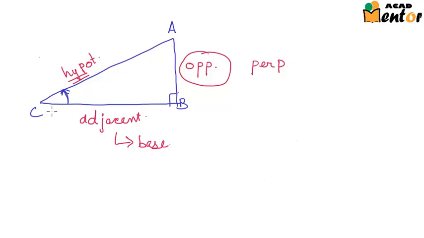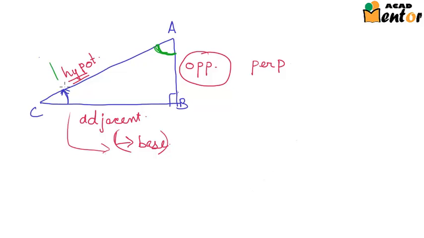You can see that this line forms the base for angle C. Hence it can be easily remembered that the base is always a part of the angle while the opposite side is the perpendicular.